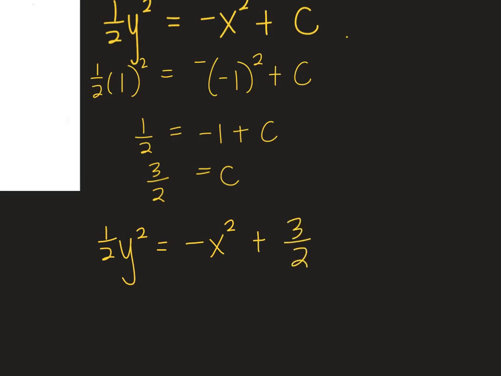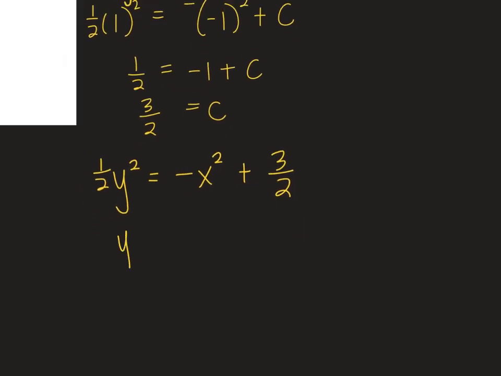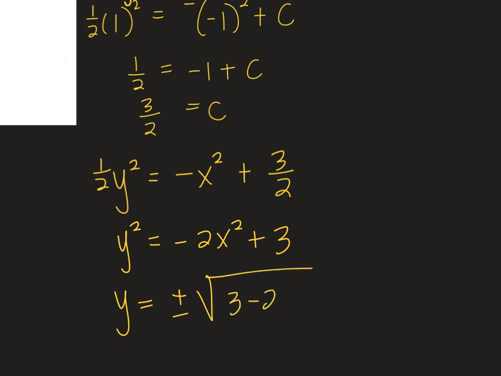Multiply everything by 2, and then do the plus or minus. So y is equal to plus or minus the square root of 3 minus 2x squared, just looks a little better. All right, so it's either the positive or the negative. I have to decide.